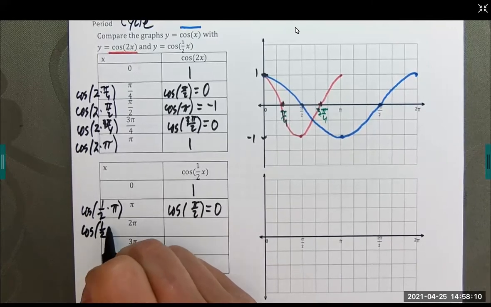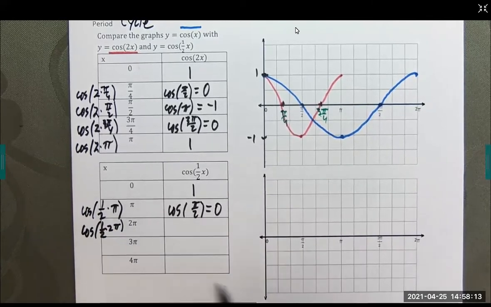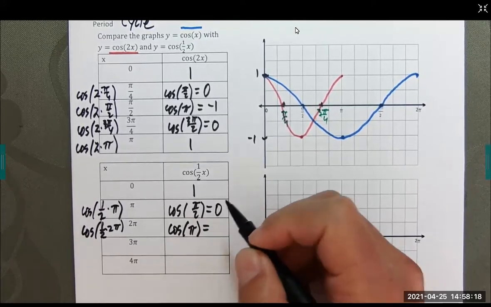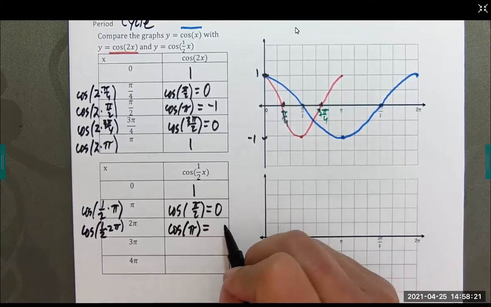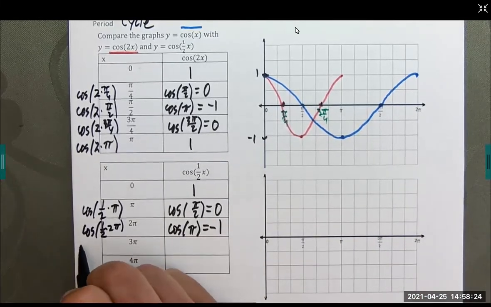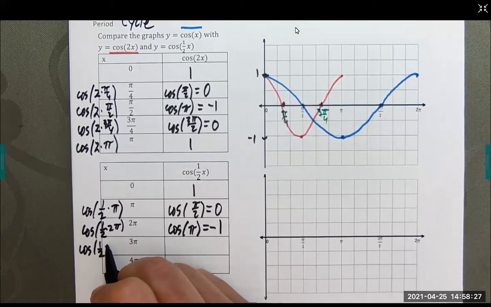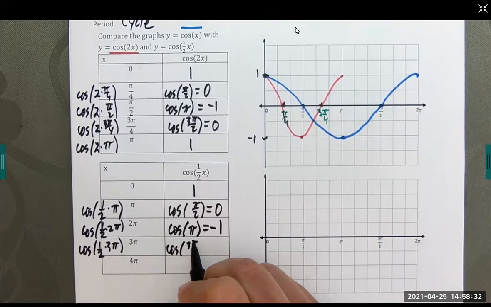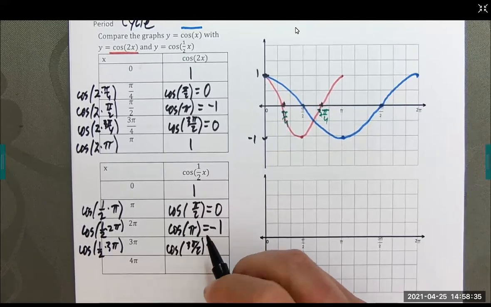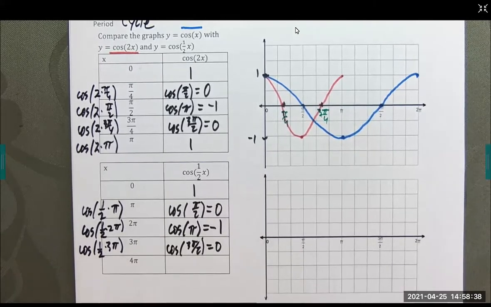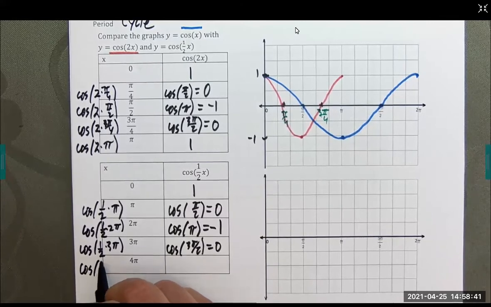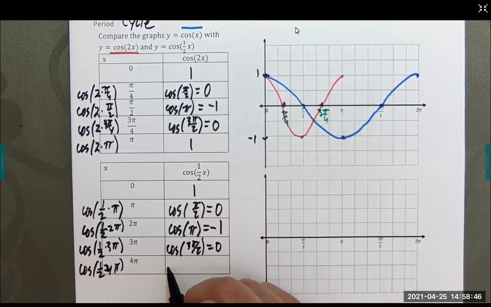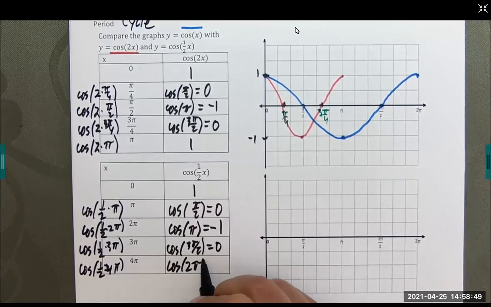Cosine of 1/2 times 2 pi becomes cosine of pi, which we know is -1. Cosine of 1/2 times 3 pi is cosine of 3 pi over 2, which again is back to 0. And cosine of 1/2 times 4 pi is cosine of 2 pi.